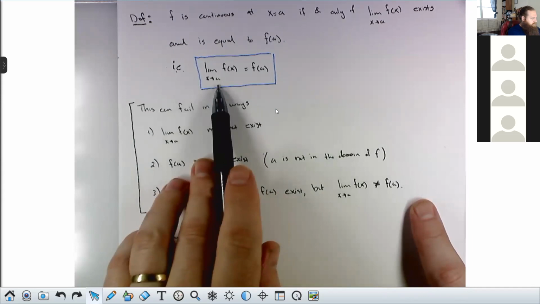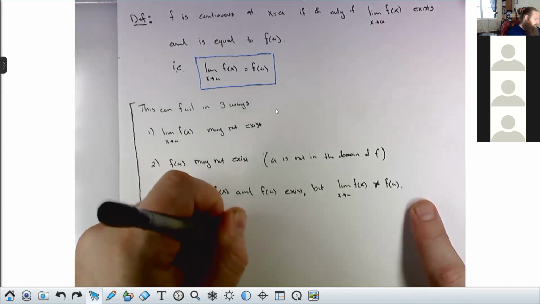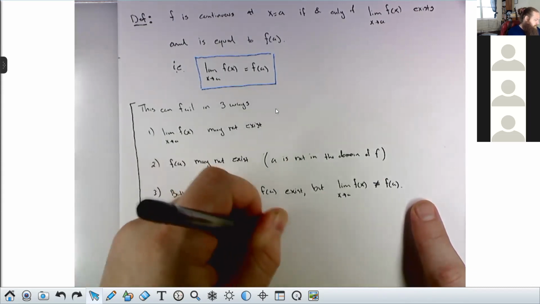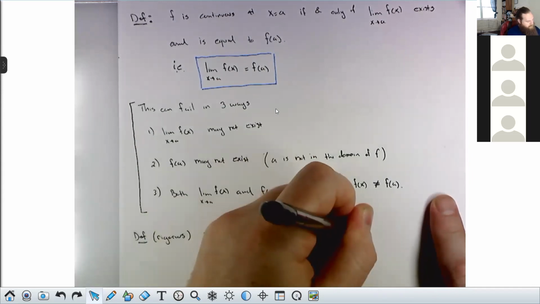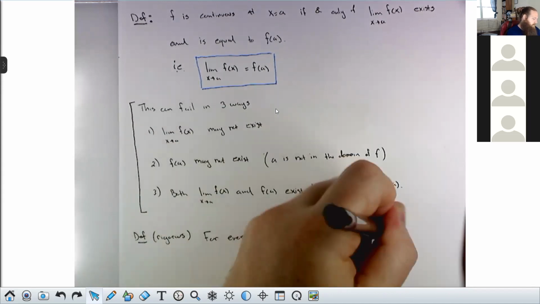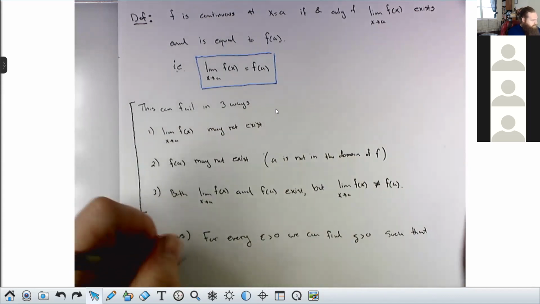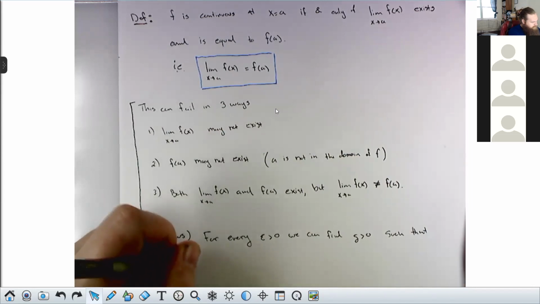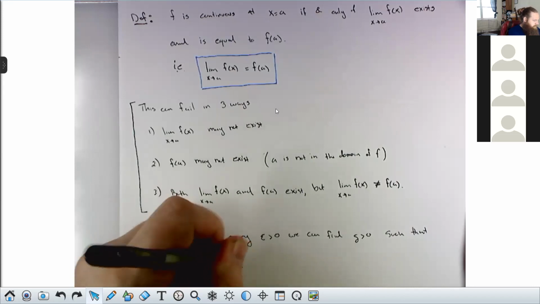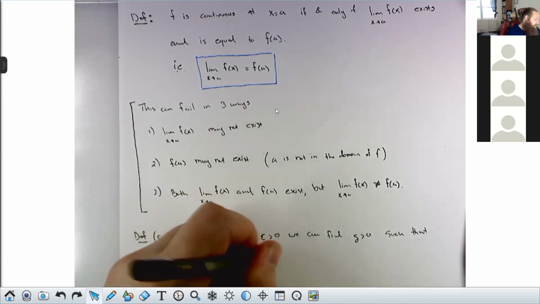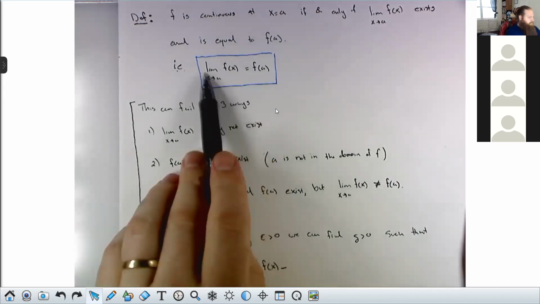Remember that the limit as x goes to a of f of x equals L means for every epsilon greater than 0, we can find a delta greater than 0 such that the absolute value of x minus a being less than delta implies the absolute value of f of x minus, now this is usually where we would put an L, but here what I have is that the limit is equal to f of a.